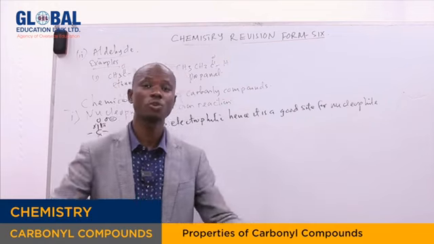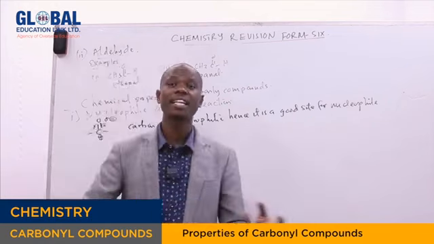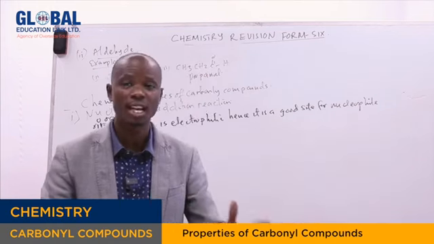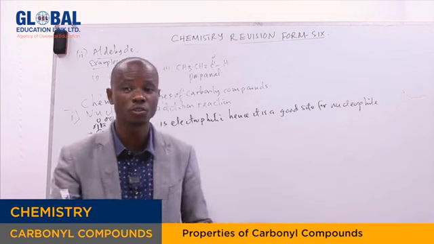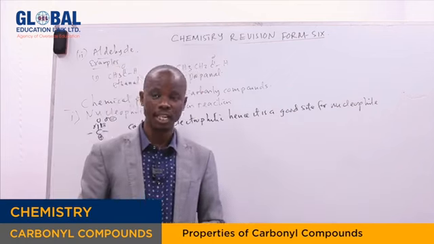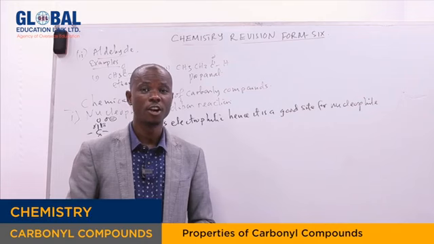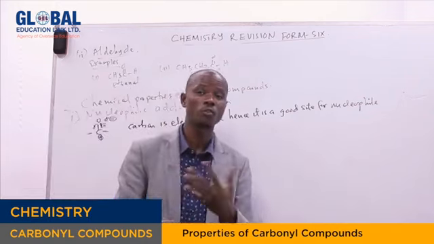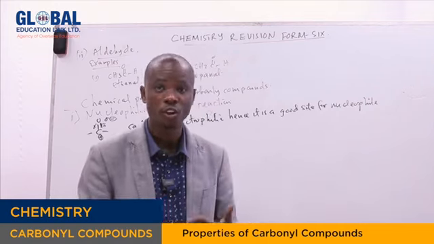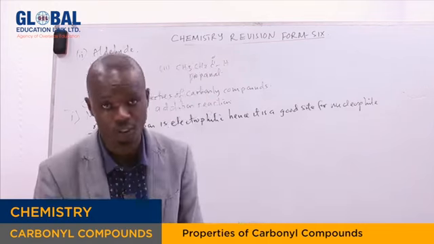So this can be used to explain the reactivity of the two classes of carbonyl compound. That means the reactivity of aldehydes and ketones towards nucleophilic addition reaction differs. Also, it can be used to differentiate between the reactivity of aldehydes among themselves or ketones among themselves.